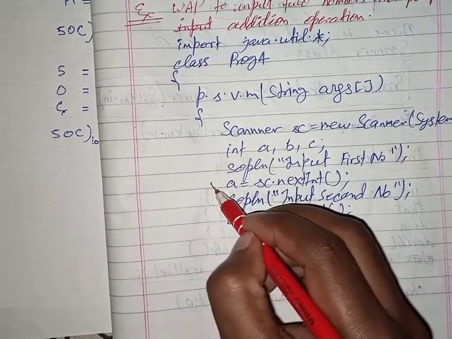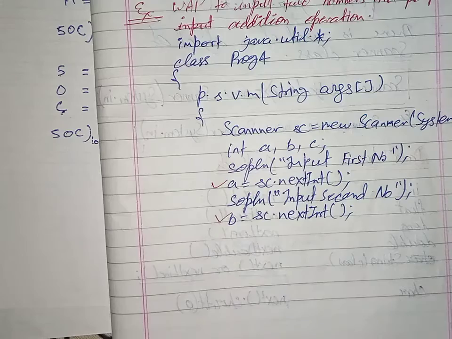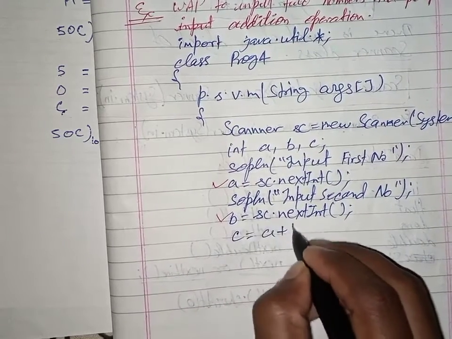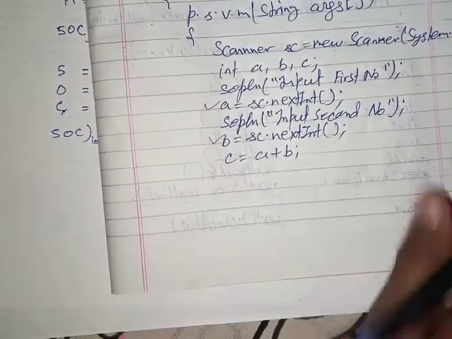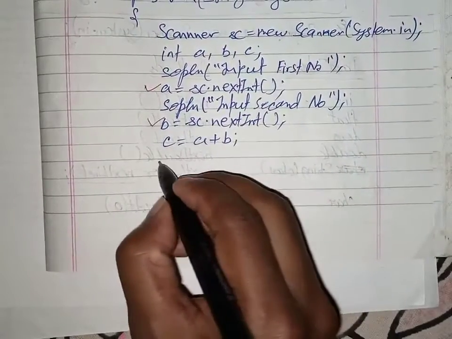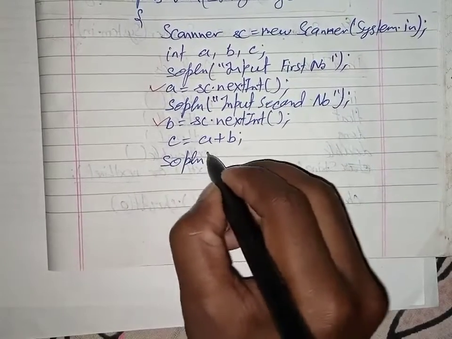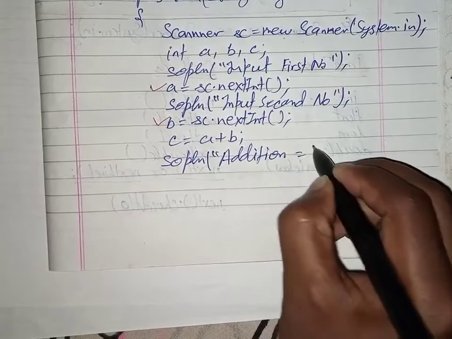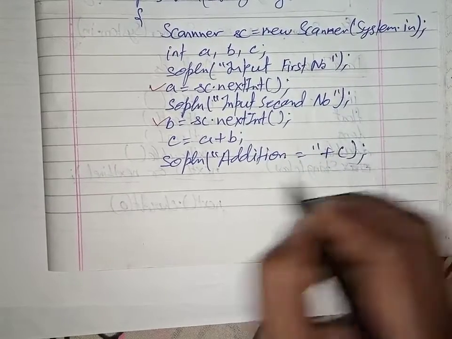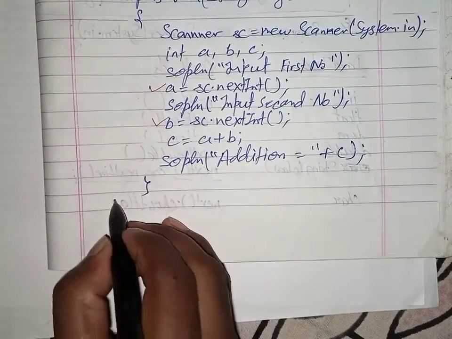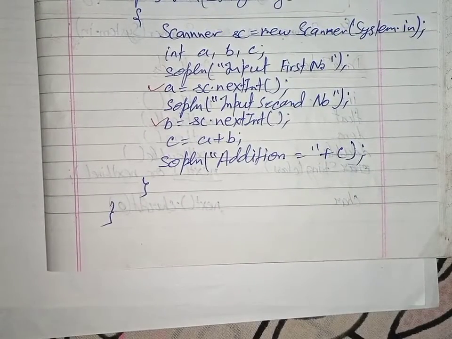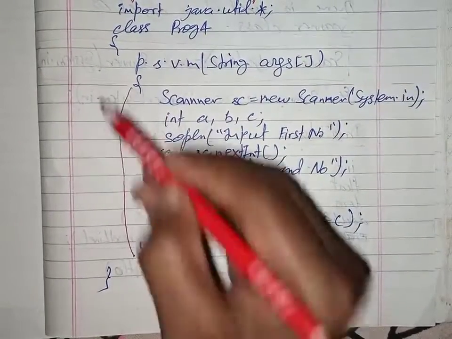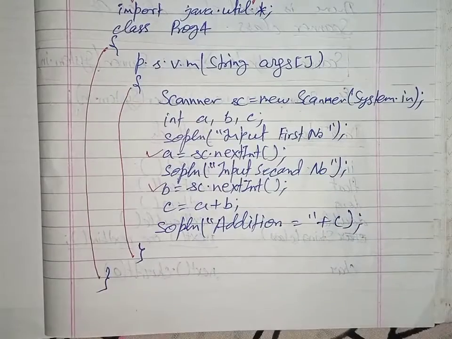After that to perform addition, c is equal to a plus b. Then print your addition, sopln addition is equal to plus c, and close main, close class. You can see here main open, main close, class open, class close.